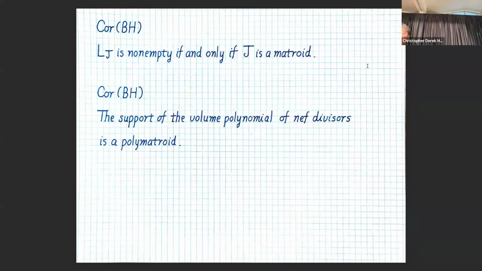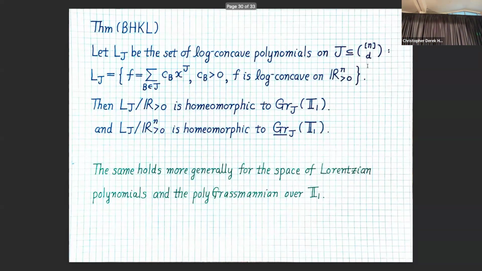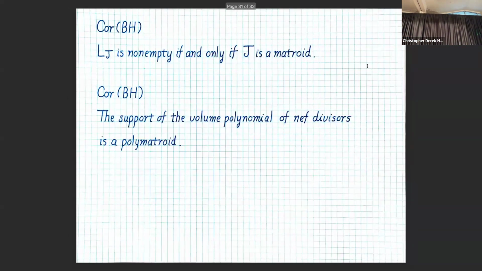So let's collect some corollaries. This might sound like a rather exotic statement, but it has very concrete consequences that you can tell your calculus students. So the first corollary is something that I obtained previously with Petter Brändén, which says that Lj is non-empty if and only if J is a matroid.